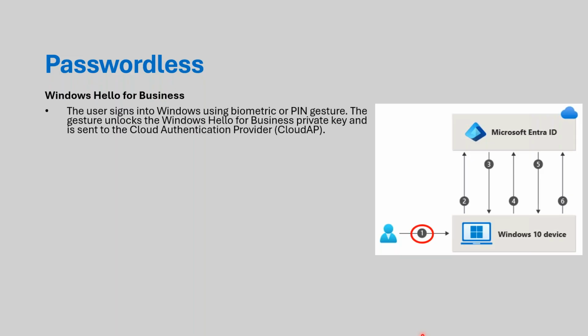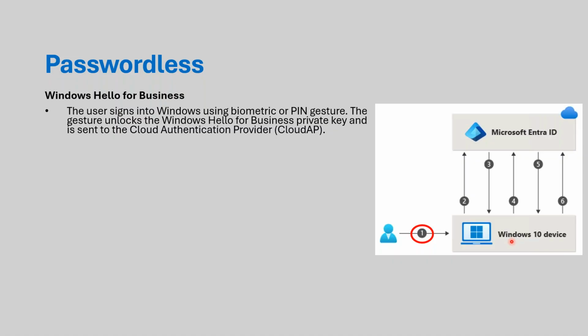All right, so here, if they're using Hello for Business, the user is going to sign into their Windows using either the biometric key or the PIN gesture that gets them in. And what this does is now unlocks the private key, and it's sent over to the cloud provider. So I've done some gesture that unlocks the key, and it puts it into the cloud provider, which is a service on your PC.